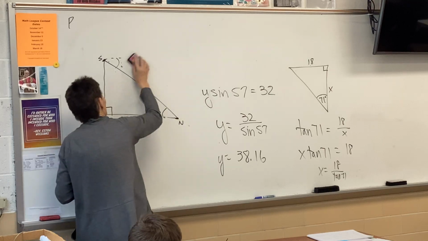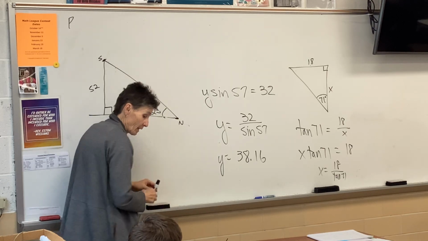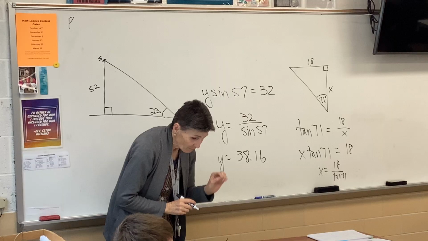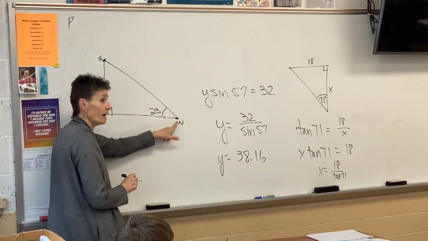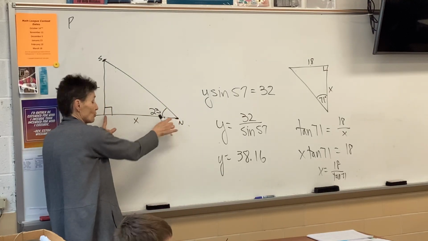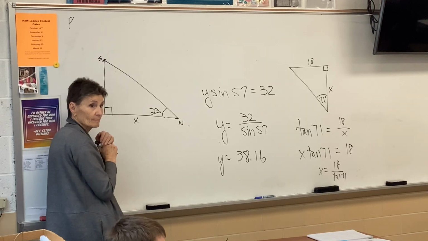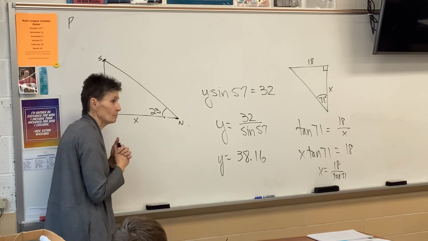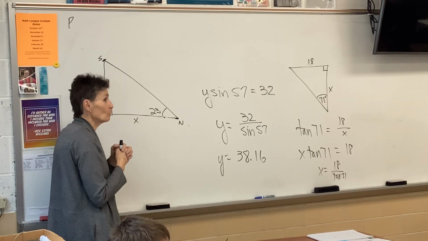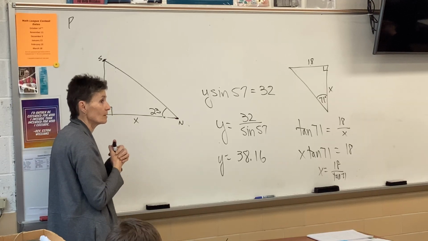All right. Now what do I want to know? The question is, find the distance from the nut to the base of the tree. Okay, this is just what we had a minute ago. Pick a function. What function are you going to use? It's going to be sine, cosine, or tangent.